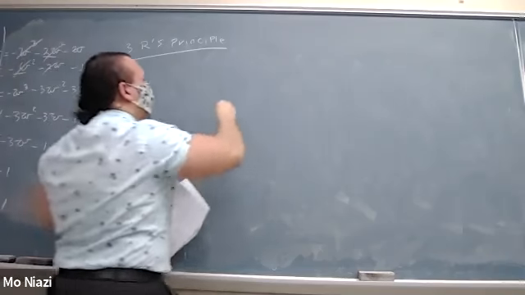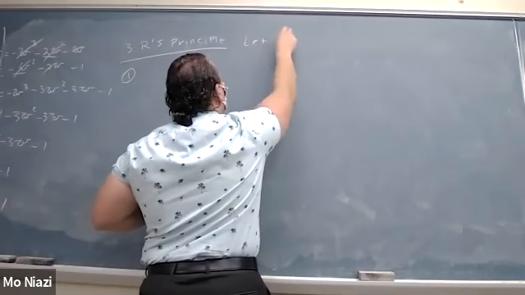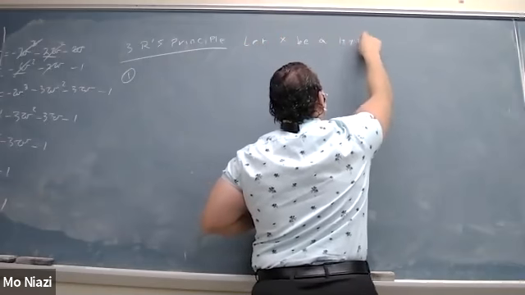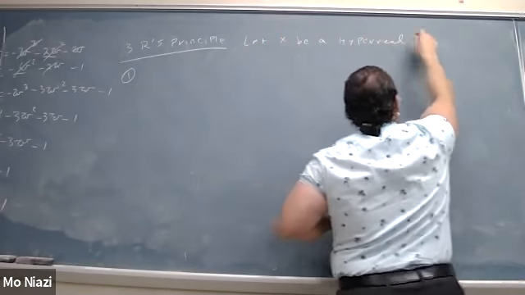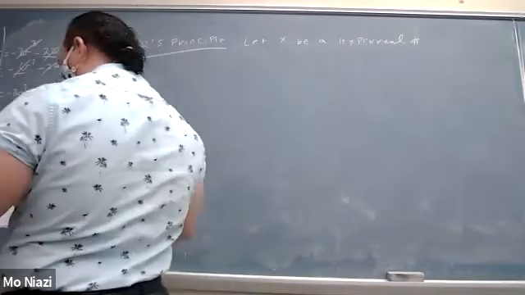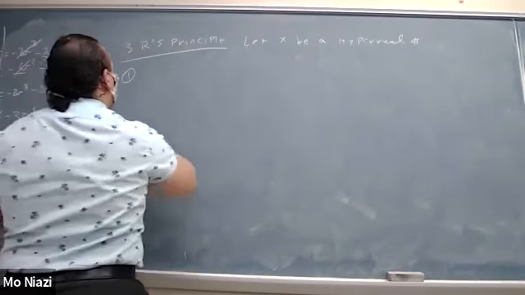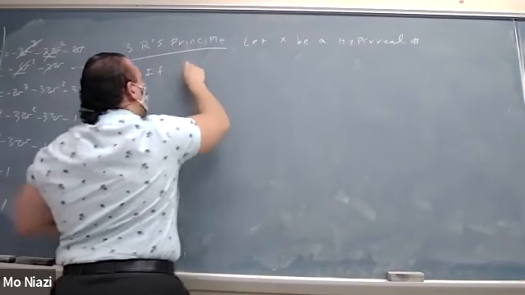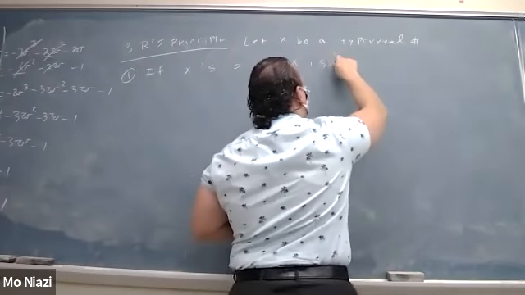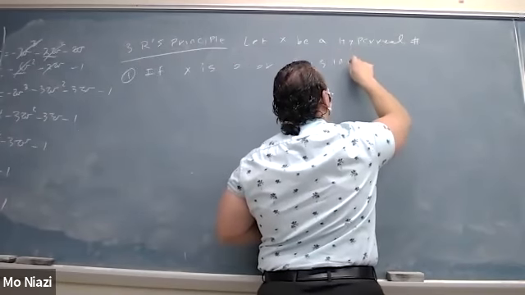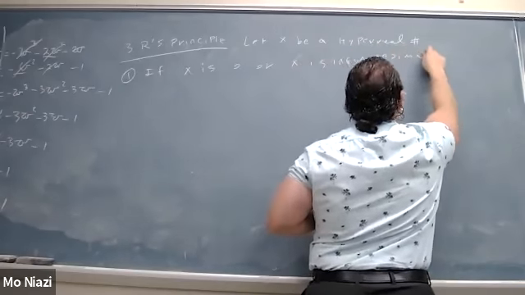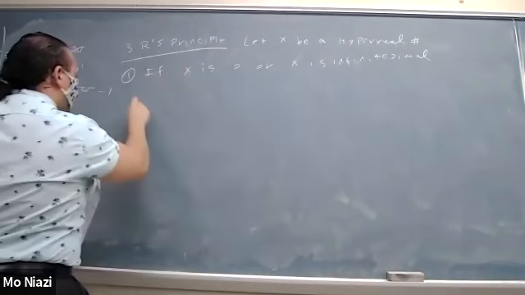So, initially, let X be a hyperreal number. This is the first thing that we do. If X is 0 or X is infinitesimal, this is what we get.